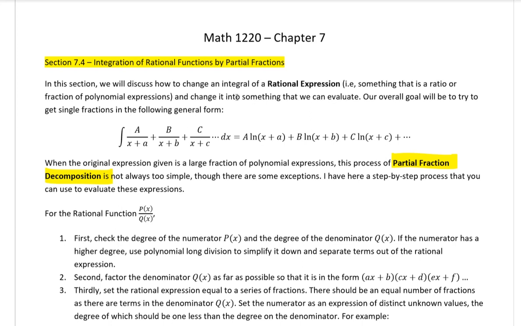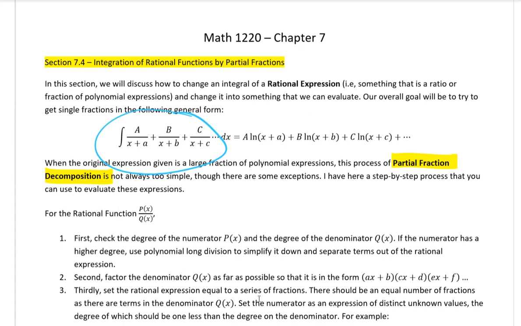There are some that are kind of easy to do, and we'll have an example of one that doesn't take too much time. But a lot of these will take some time, so don't expect them to be very, very quick. You usually want to take your time, make sure you calculate everything carefully, and then work through it. Once you have the fraction set up, so once you have this part of the integral done, then it's easy. But getting there is the hard part.